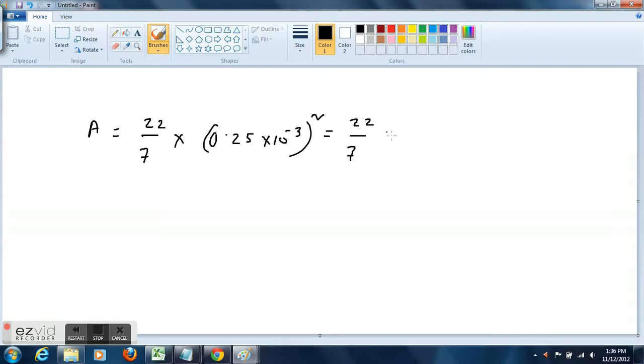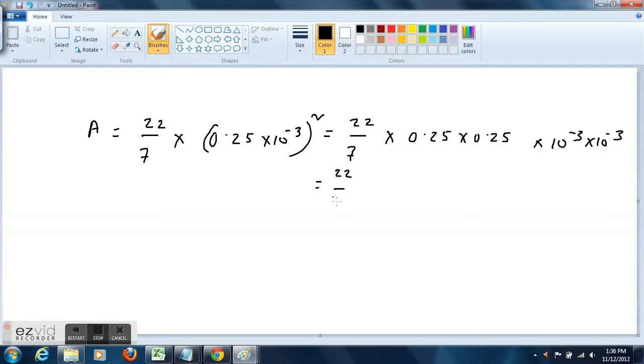So it becomes 22 upon 7 into 0.25 into 0.25 into 10 to the power minus 3 into 10 to the power minus 3.